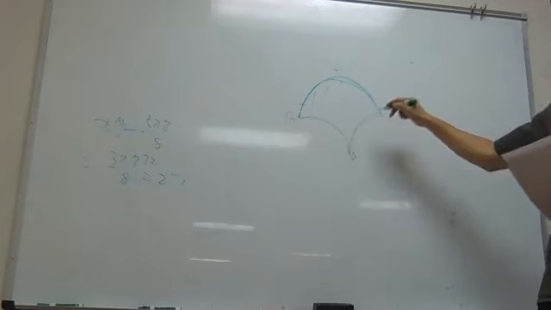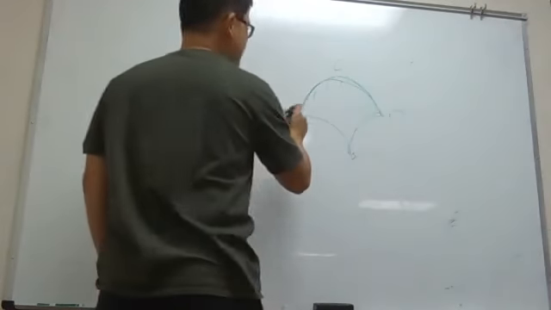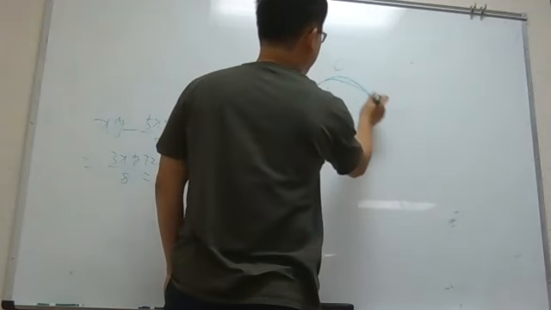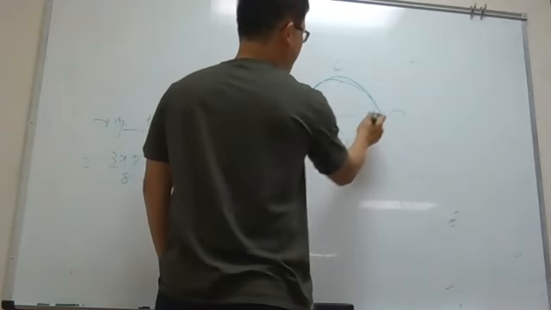So again, you need some imaginary points. First of all, you connect BD, so you get a half circle here. That's easy. So what about this part?